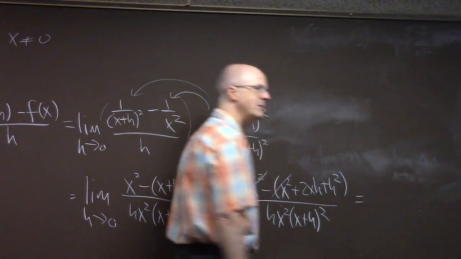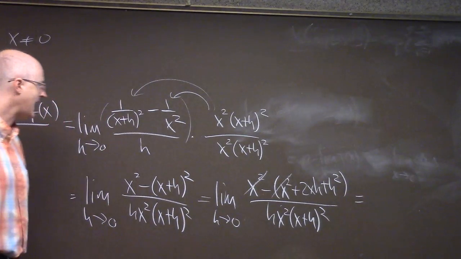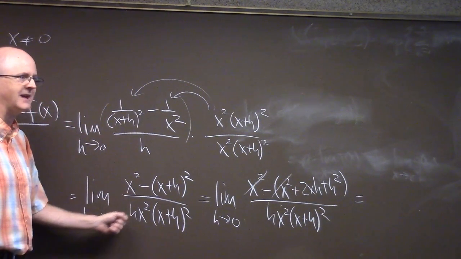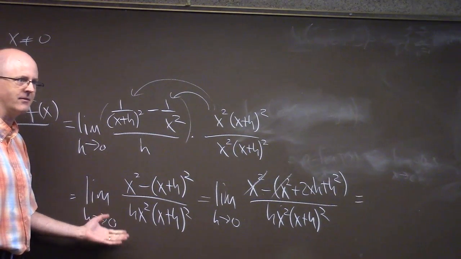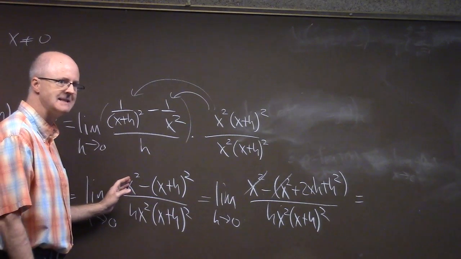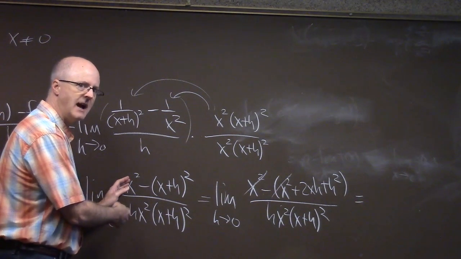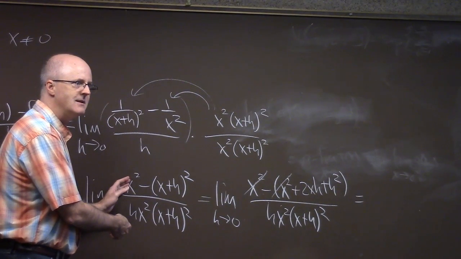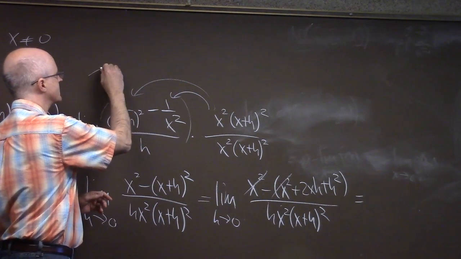Which is okay to do because, why? Because the limit of the function doesn't depend on what happens to the function at the point in the definition of a limit. This function, again, for fixed x, think of this as a function of h, is technically undefined at h equals 0. But if you graph it, the limit is going to exist.